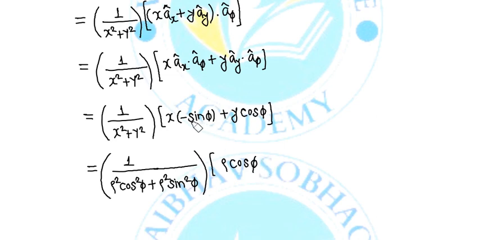Rho cos phi into minus of sin phi. So that will be minus of rho cos phi sin phi. And y is what? We have that to be rho sin phi, rho sin phi into cos phi.